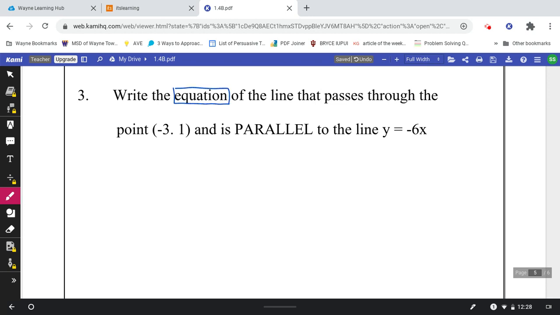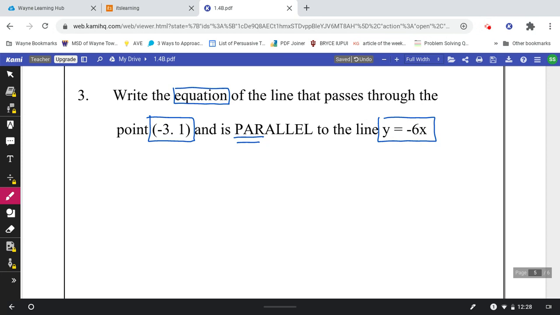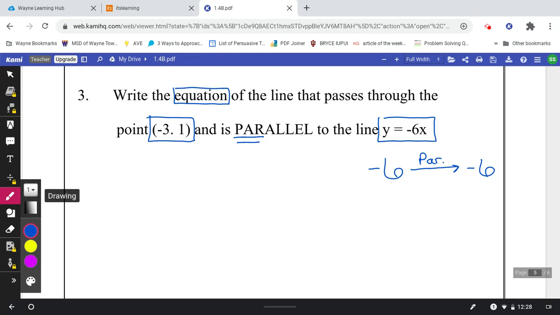Write your equation, write your point, write the word parallel. So for this one, because it says parallel, I'm going to take my negative 6 slope. I want to keep it parallel, so I'm going to use the exact same slope, negative 6.